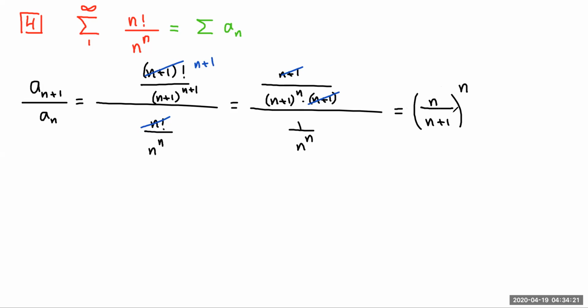So now what is the limit of this term when n goes to infinity? Inside it's 1 and here infinity, 1 power infinity. Is it 1? No, it's not 1. It's an indeterminate form. So how to solve this problem?